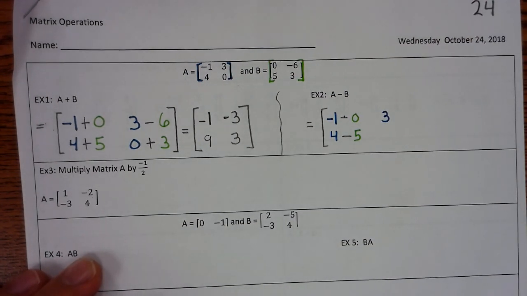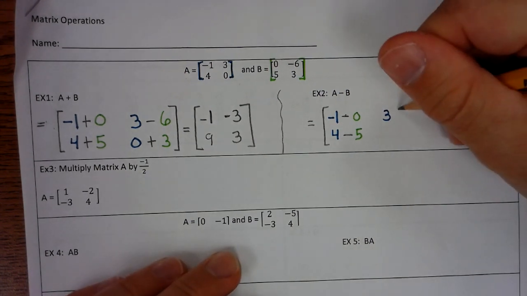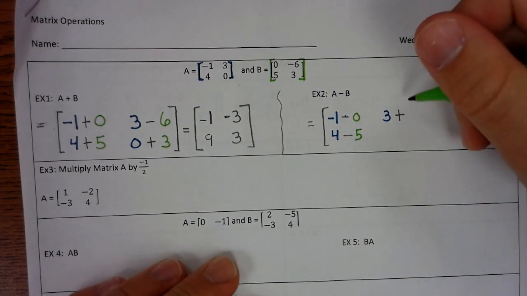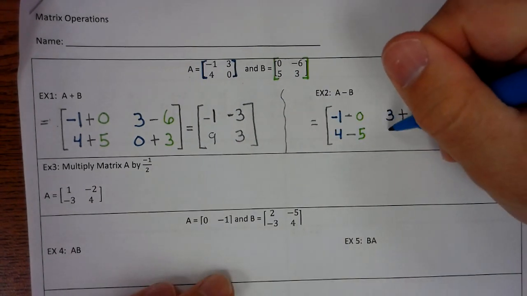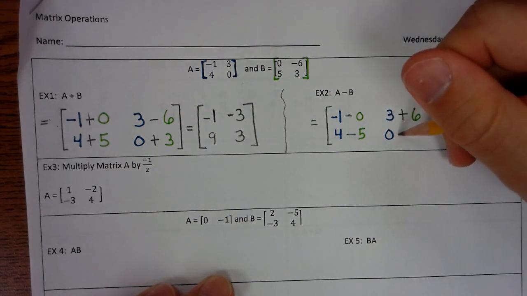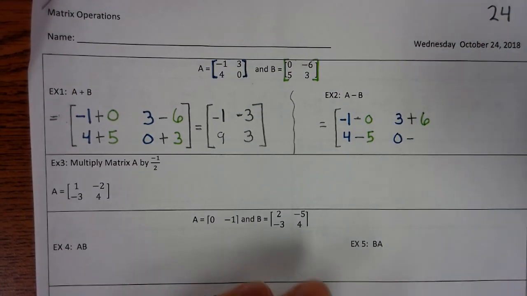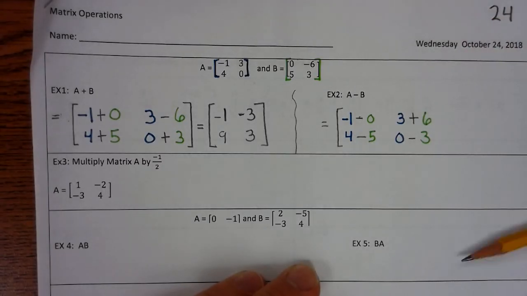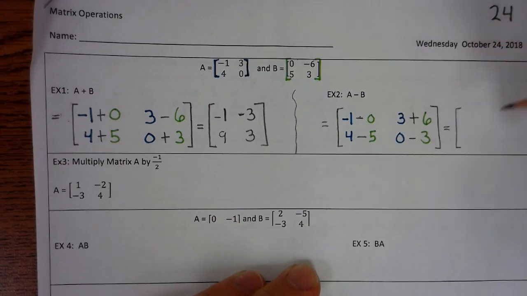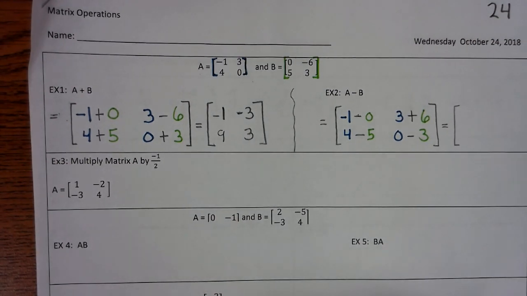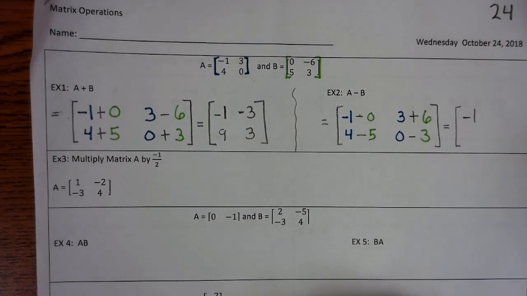Now that's minus a -6, so that's plus 6. And then 0 minus 3. All right, so negative 1 minus 0 is negative 1. 4 minus 5 is negative 1. 3 plus 6 is 9. And 0 minus 3 is negative 3.